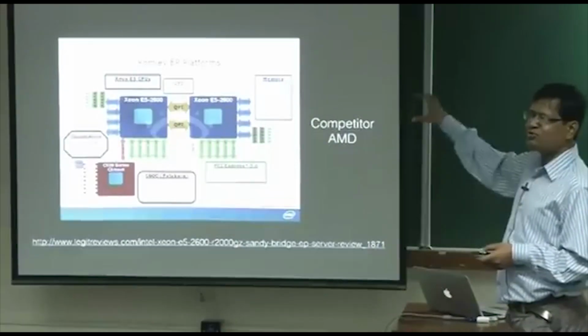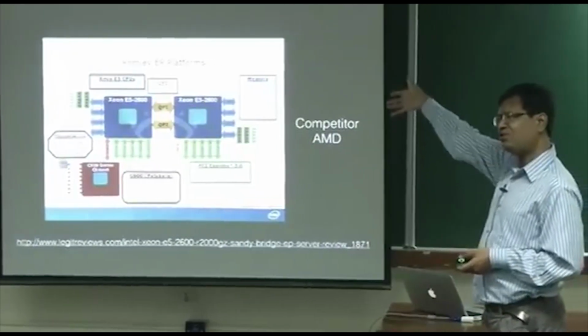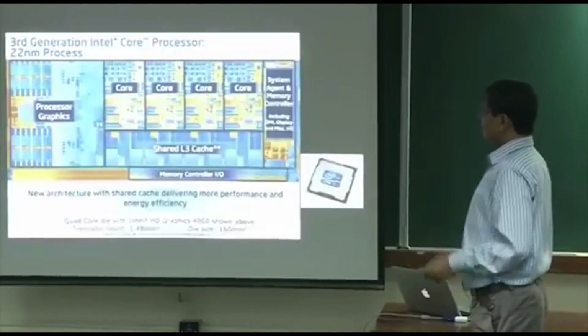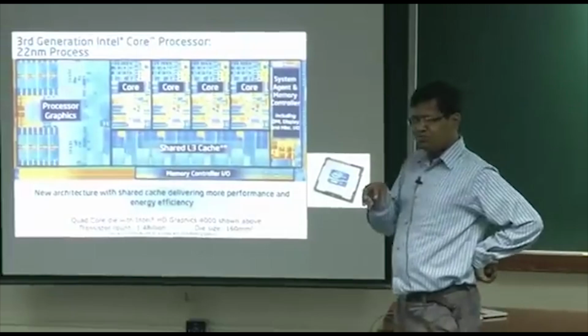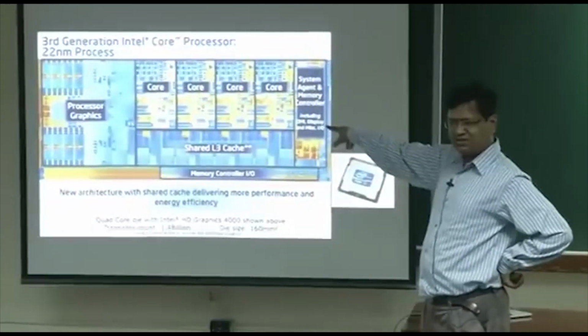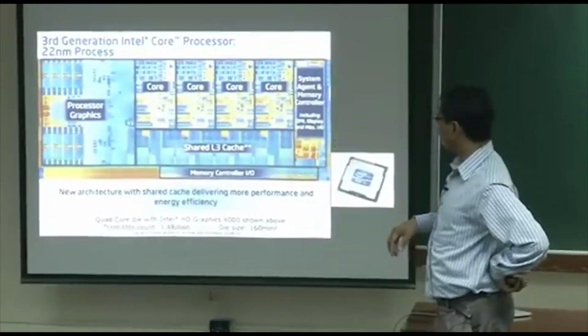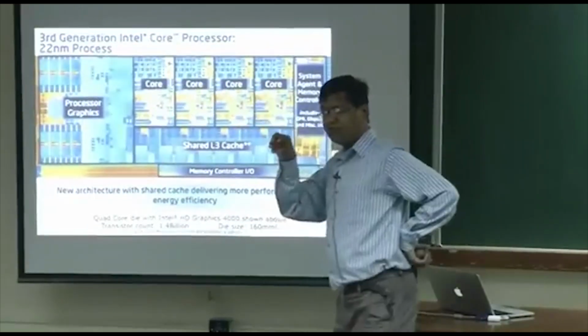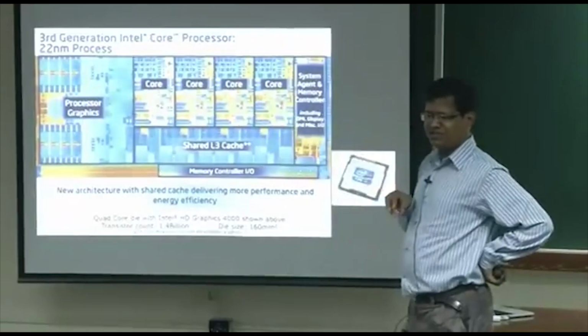You populate more and more CPUs. That's what we are going towards: put more power in a motherboard. Now if you look inside a single CPU, there are cores. A core is a full processing unit within.